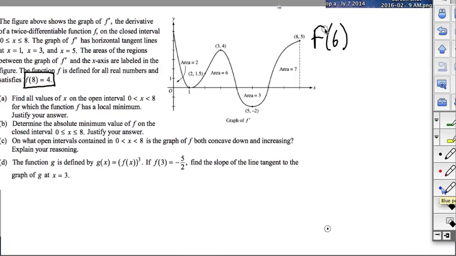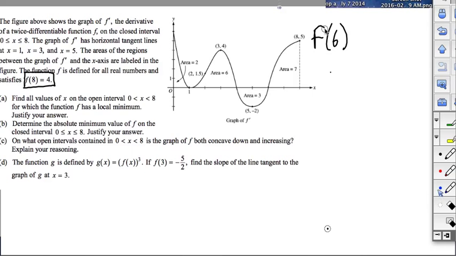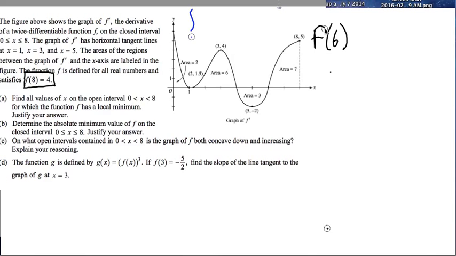So here's the theory behind what we're going to do. The integral from 6 to 8 of f prime of x equals f of 8 minus f of 6.